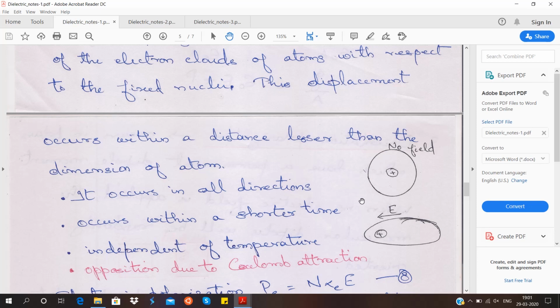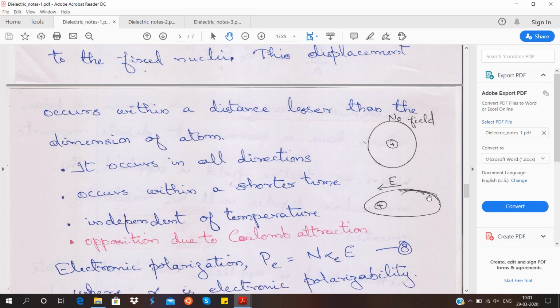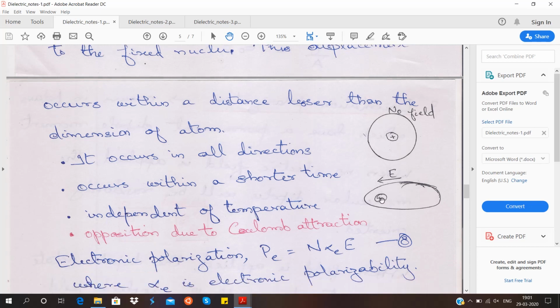Now when I apply an electric field, what's going to happen? Let's see that. So come down to the next figure. We see that the nucleus remains at the same position and the electron cloud gets distorted, the shape gets distorted. So it was spherical earlier. Now when the field is applied, the electron cloud gets elongated.